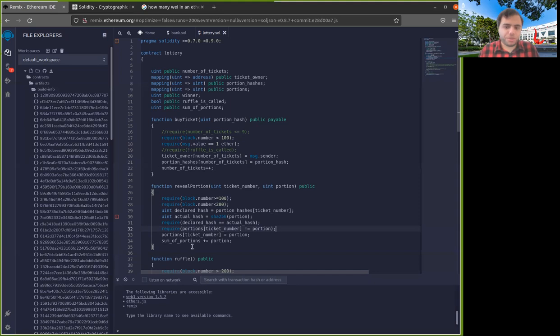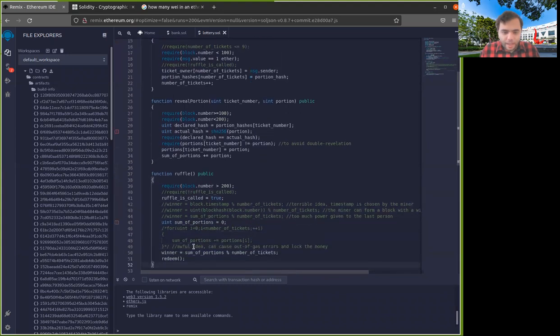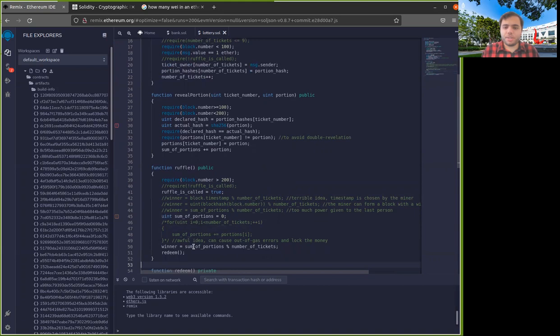And I just make sure that each portion is revealed once to avoid double revealing. Okay, double revelation. Now, as you see, there are a lot of intricate things that you have to keep track of.